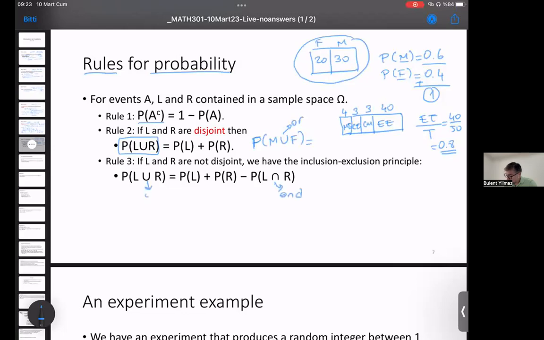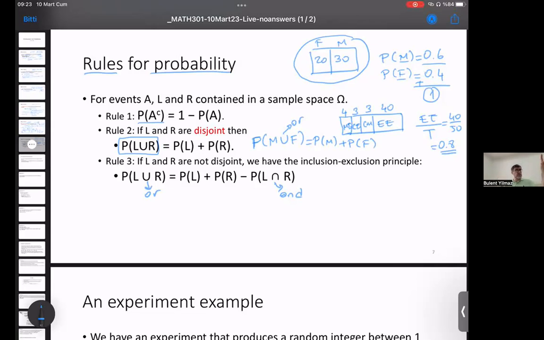The probability of choosing a male or female student is going to be the probability of choosing a male student plus the probability of choosing a female student, because or is veya, right? Erkek veya kadın, elektrik öğrencisi veya makine öğrencisi. It's about addition of 2 things.